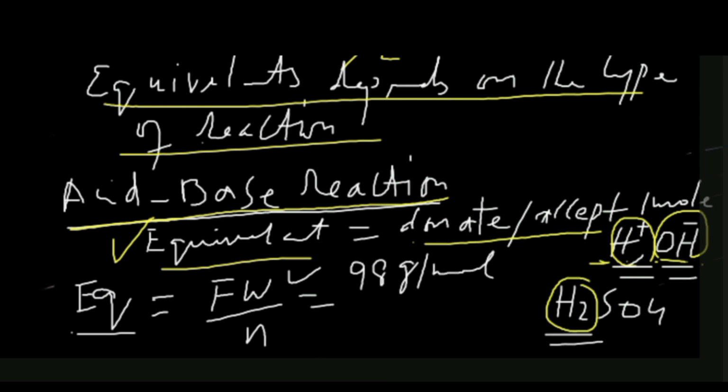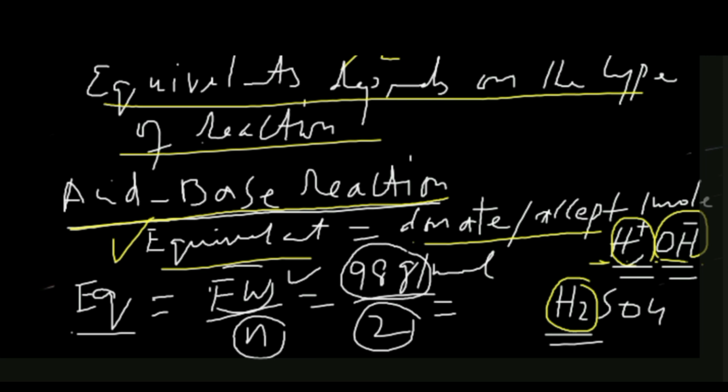As it can donate two hydrogen ions, that is two protons, we will divide the formula weight by 2. We can say n is 2 and this is the formula weight. So 98 divided by 2, and from that we will get 49.